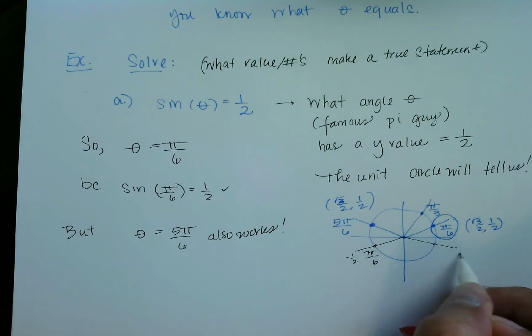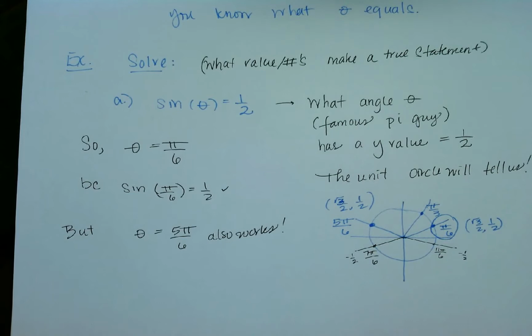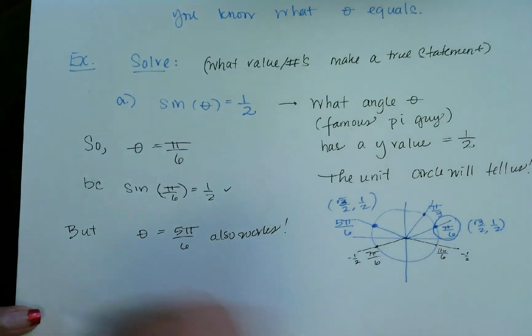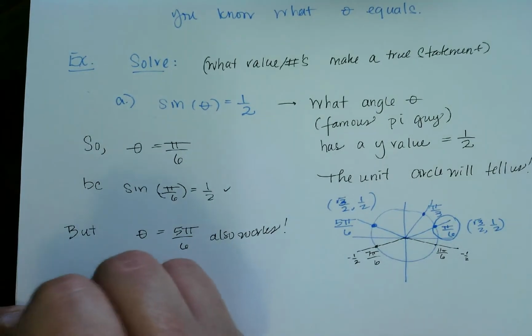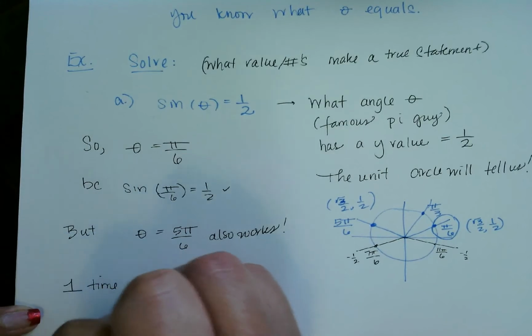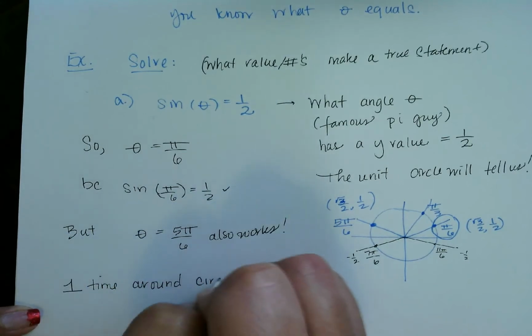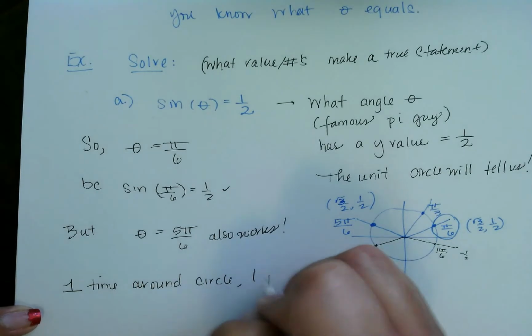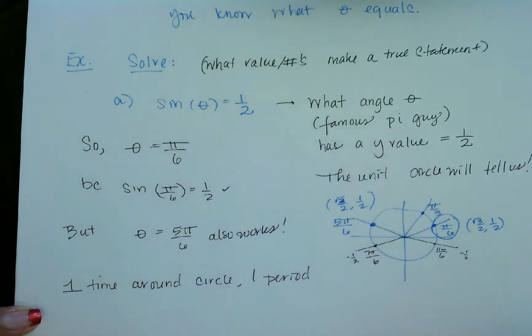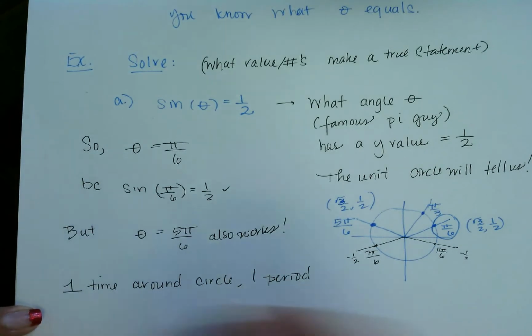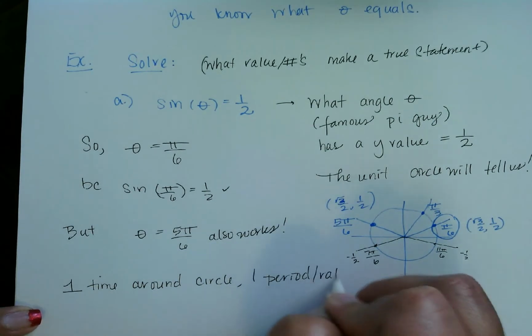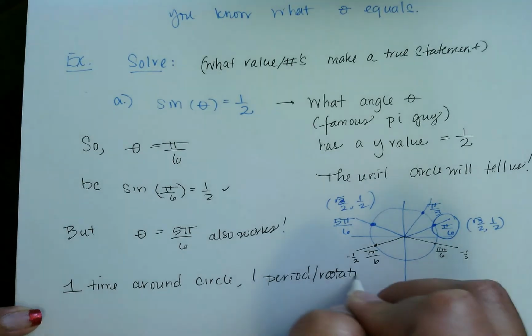Okay, so if you go one time around the circle, let's write this down. One time around the circle, one period, one rotation, you get two solutions.